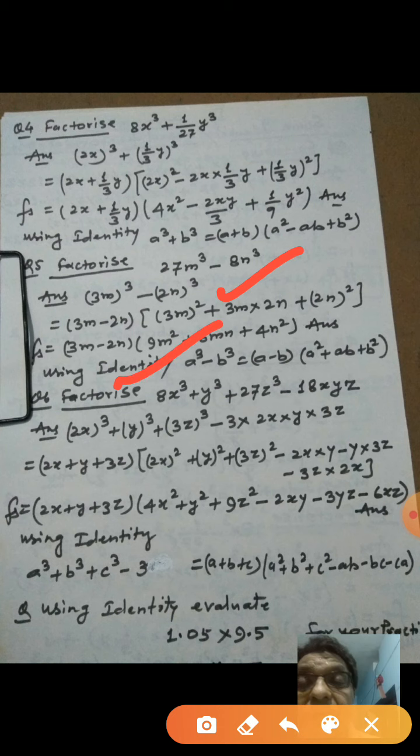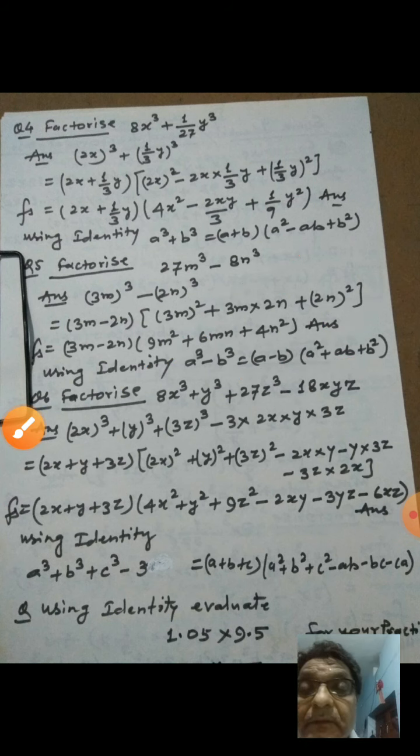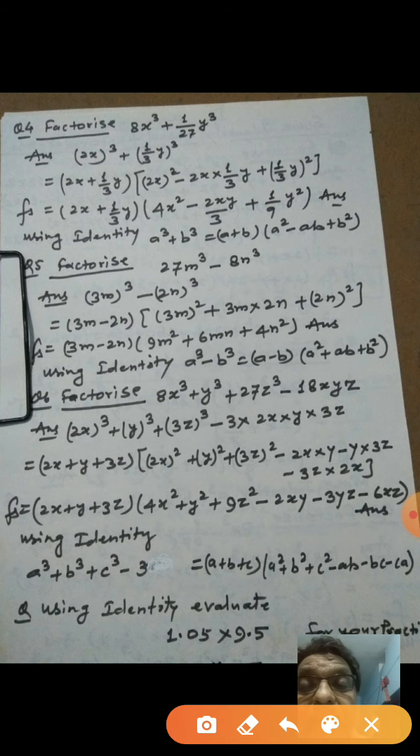So recall the identity related to this. a cube minus b cube is equal to, in one bracket a minus b, and in another bracket a square plus ab plus b square. So just putting a and b, we have got the answer: in one bracket 3m minus 2n, and in the other bracket 9m square plus 6mn plus 4n square. So these two are the factors of this question using the identity written here.